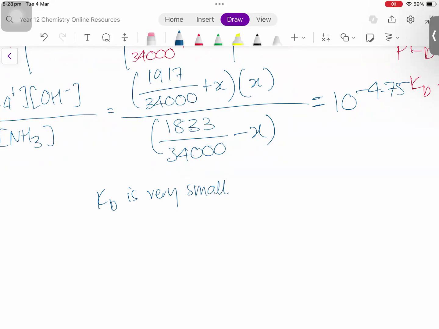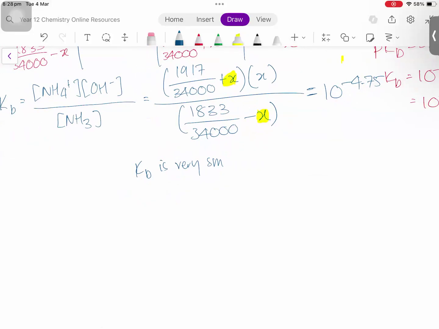And in this case, I'm going to assume x is very small relative to whatever number it's with. This x on its own, I can't neglect it, otherwise the whole thing goes to 0. But I can say things about this x and this x. So I can make assumptions wherever x is in a bracket with another number.